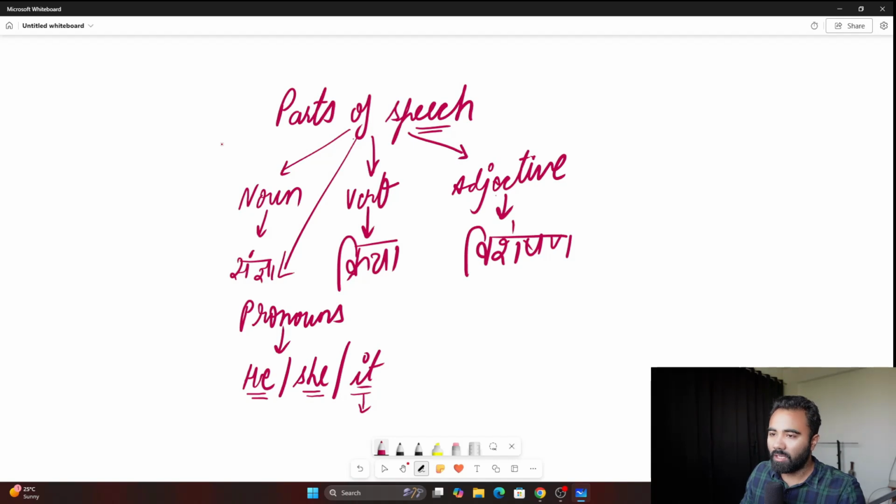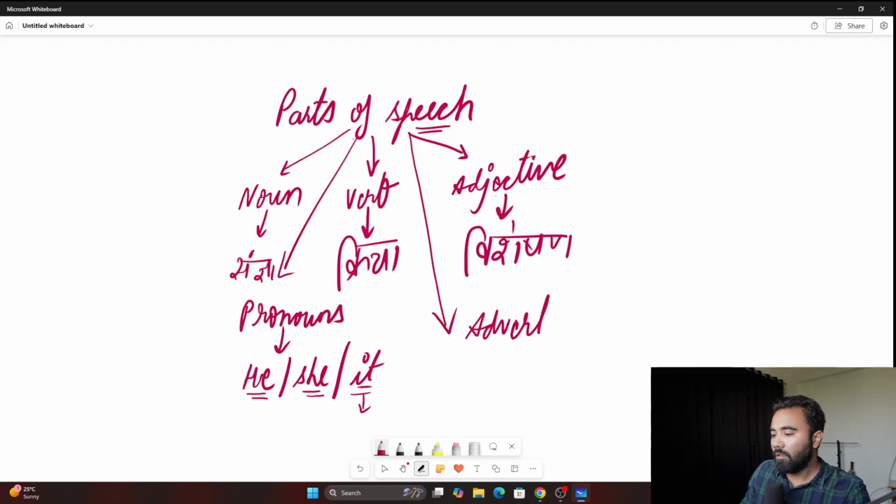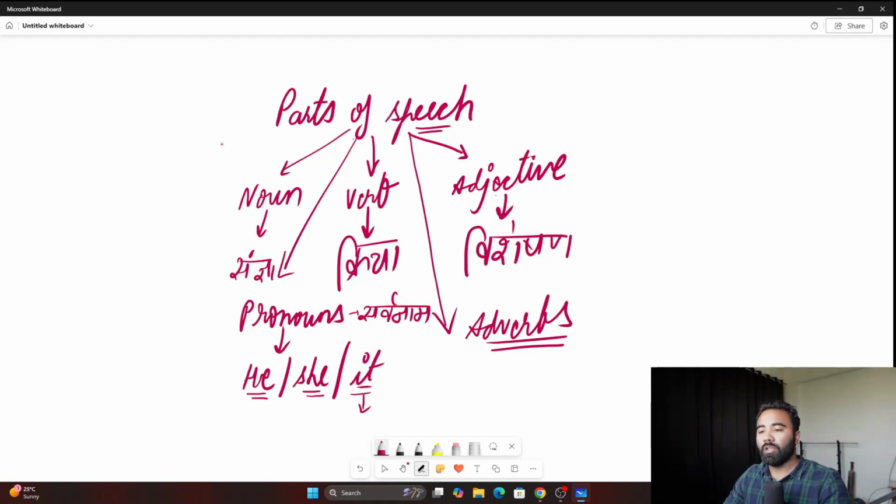Nobody is going to say that it's incorrect. And the last part is adverbs. Adverbs are slightly tricky for a lot of students. By the way, pronouns are called sarvanam.